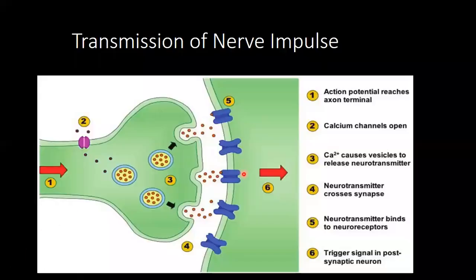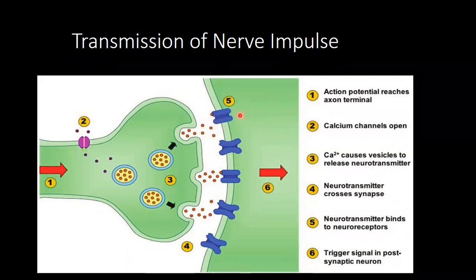Now we are going to see how the impulse is transmitted. First, whenever an action potential or nerve impulse arrives here at the presynaptic part, we already know this is pre, this is the synaptic cleft, and this is post. As soon as the impulse comes, the calcium channels open.